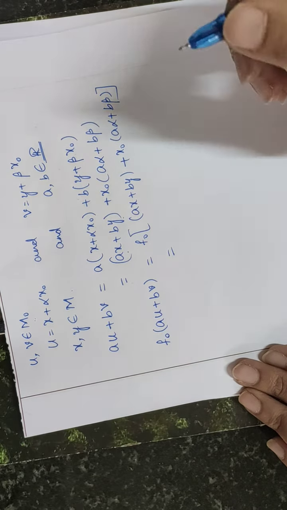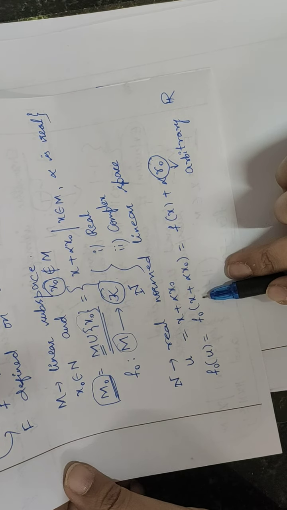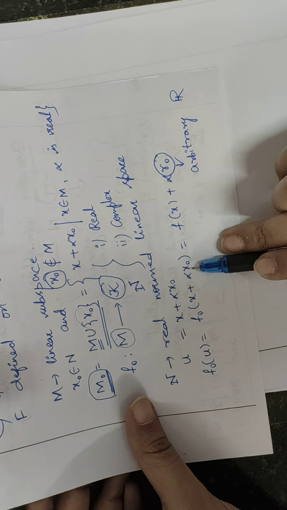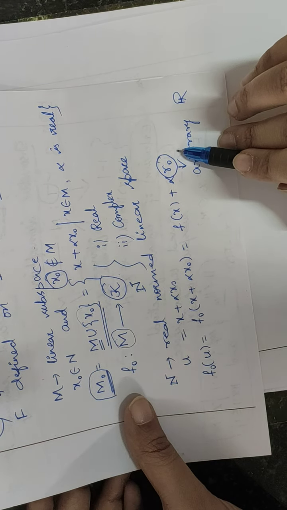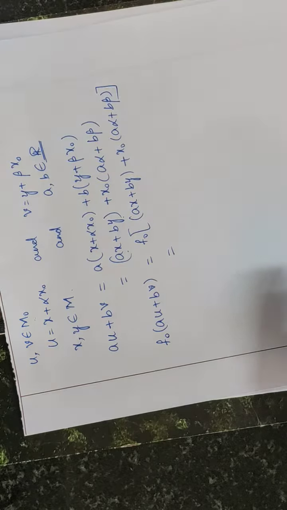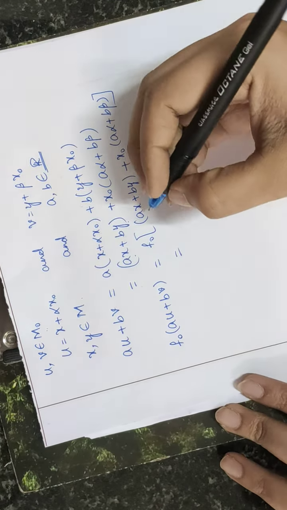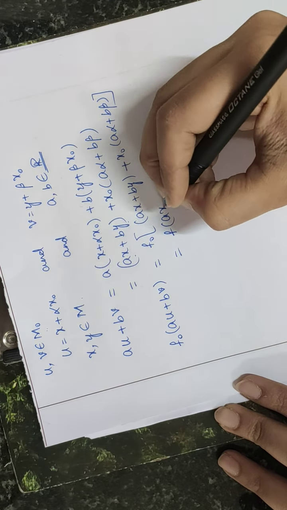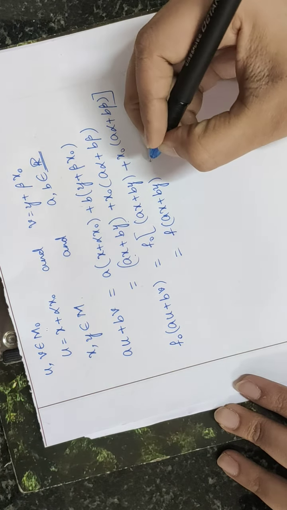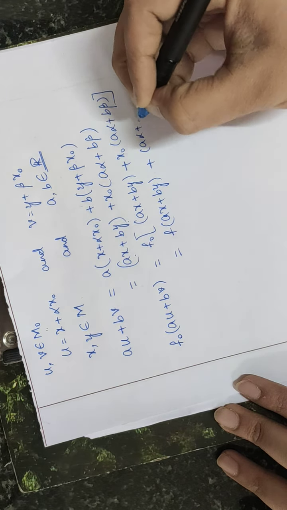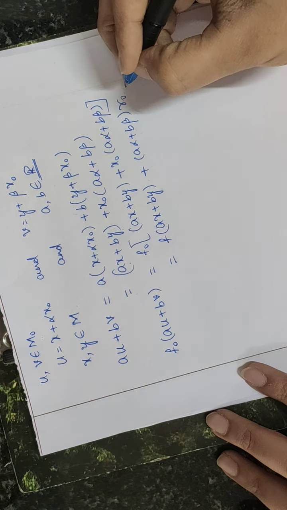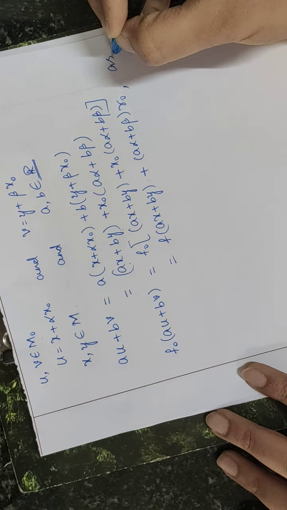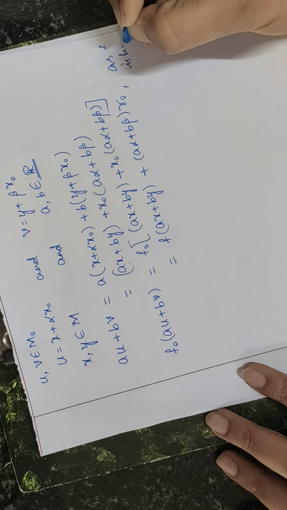This is nothing but, again using the definition, f0 of x plus alpha x0 is mapped to a real value, that is f of x plus alpha r0. Using this definition, we can rewrite this as f of (ax plus by) plus (a alpha plus b beta) into r0, as f is linear.